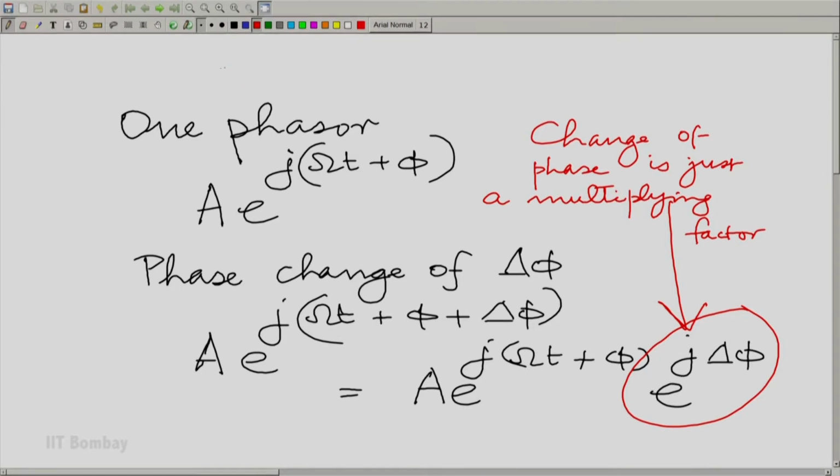Now, let me come back to this particular phasor here. You see, if you look at it, in this phasor, we have A e raised to the power j(omega t plus phi). Here, you have anti-clockwise rotation. Now, let me take the corresponding complex conjugate phasor.